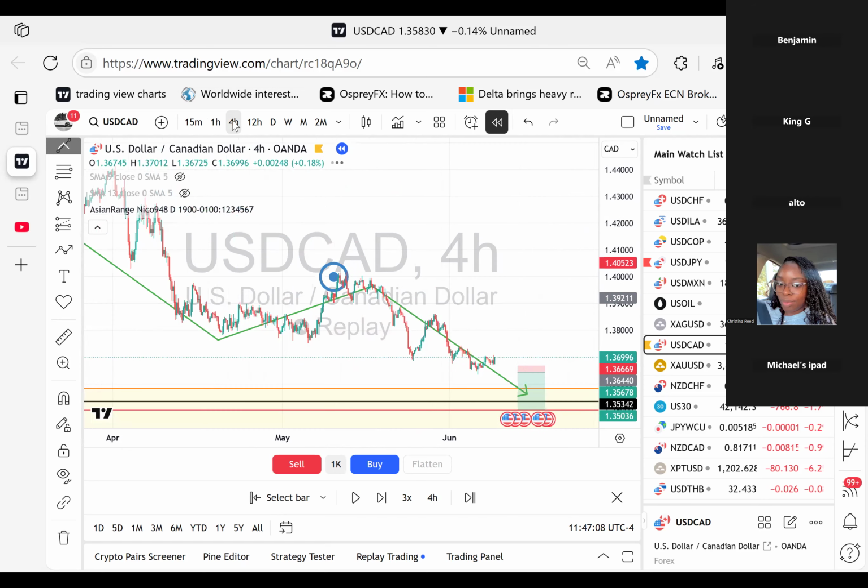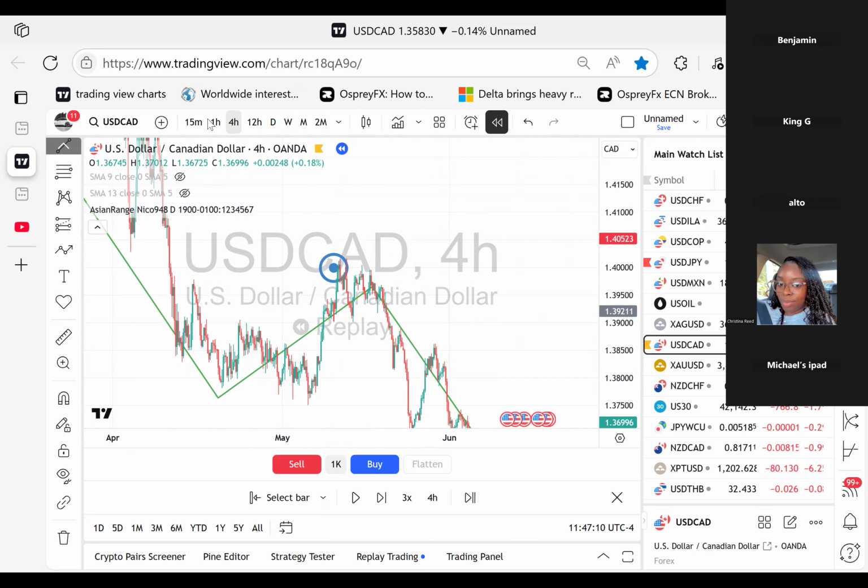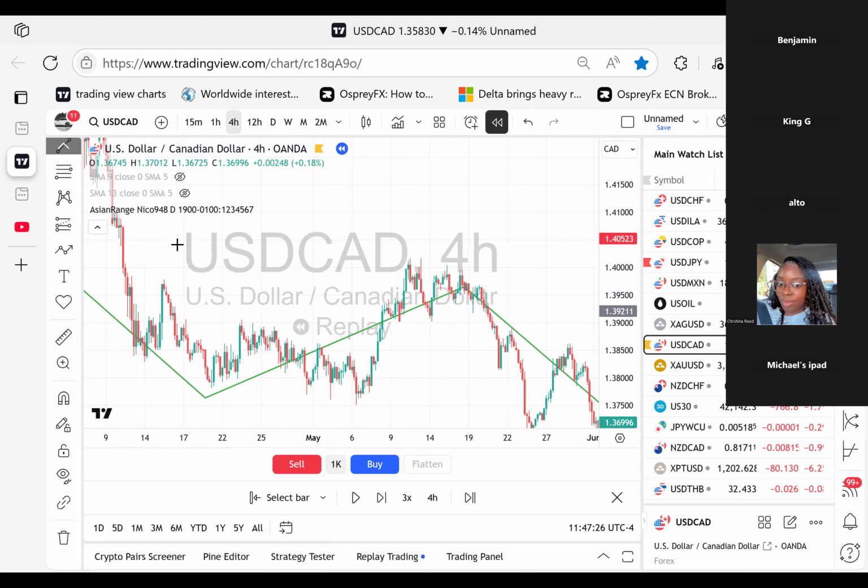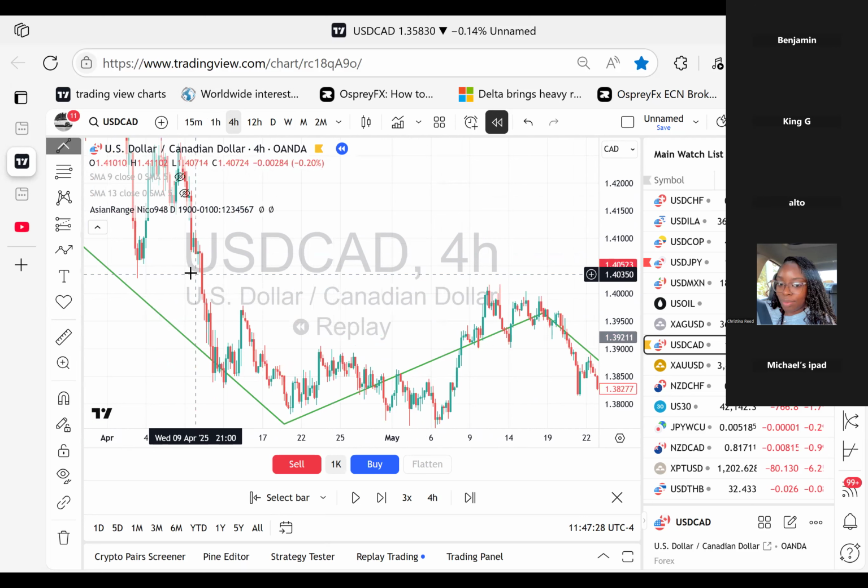Okay, if I go to the 4-hour chart, you see where the highlighted area is? This was the high. So what he's saying is you want to see price close above this area. This is an area we call imbalance. Maybe some of you guys know what an imbalance is. You had a 4-hour bearish movement down, you left imbalance.